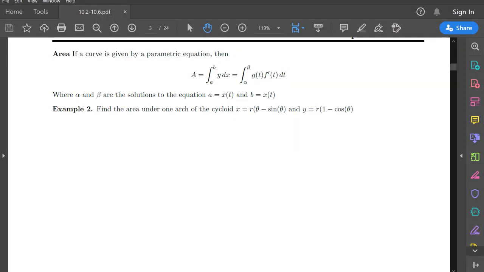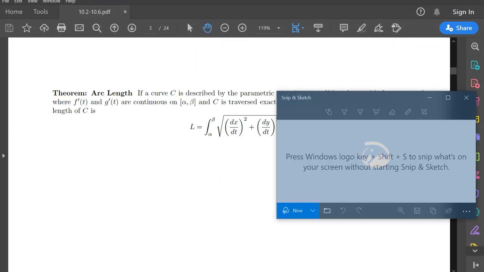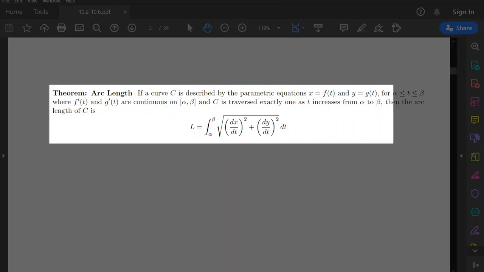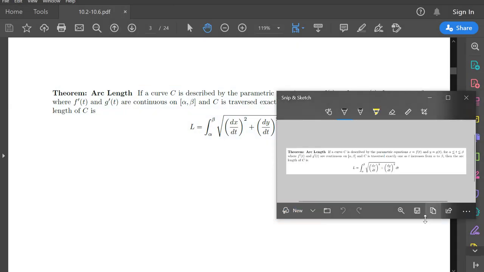All right, let's take a look at our next theorem. So we just did area. Our next theorem is for arc length.